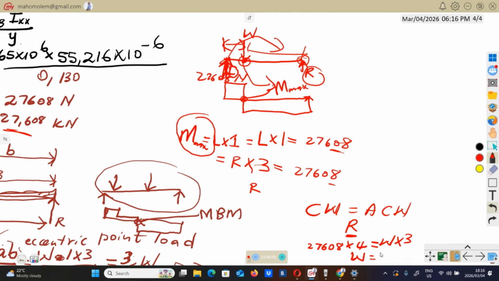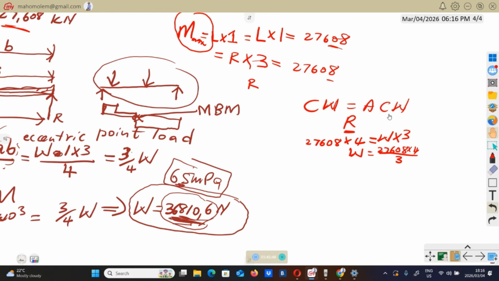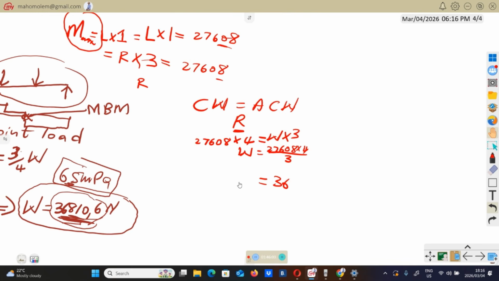W will be equal to 27608 multiplied by 4 all over 3. So we did this before. So W will be equal to that, which will give you this, 368 10.6.